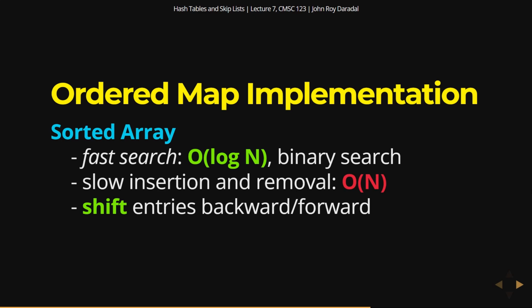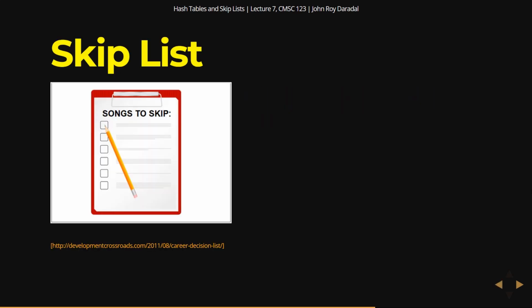Although you can search for the correct position with O of log n using binary search, you would have to shift items either backward during insertion or forward during removal. So it's still not the best implementation, because we can do better with skip lists, as we'll see in a while. So let's take a look at the skip list.